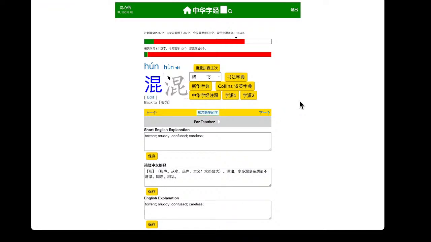Second pronunciation is 浑. Now when you say 浑, that changes the meaning. That means torrent, muddy, confused, careless, and so it's the result of mixing different kinds of things, and then the substance or the situation becomes muddy and confusing. Okay, muddy and confusing.